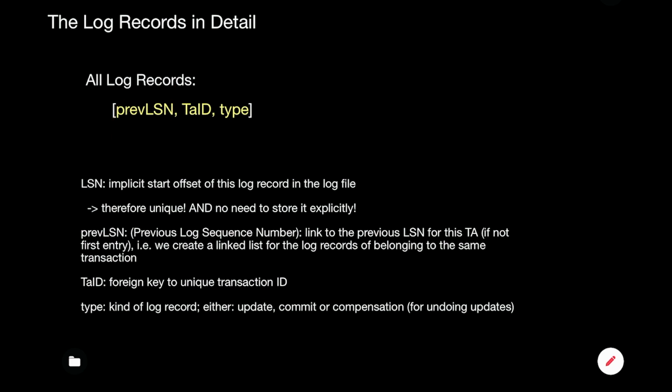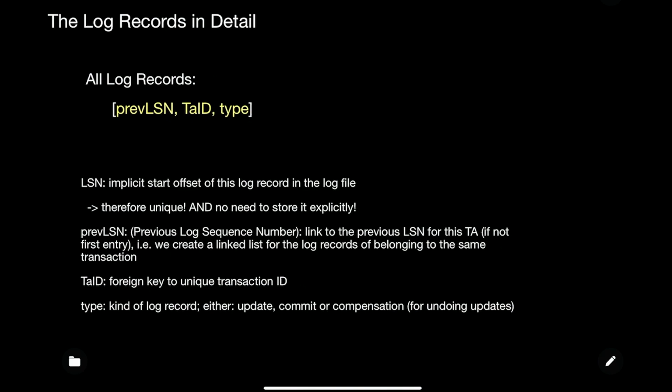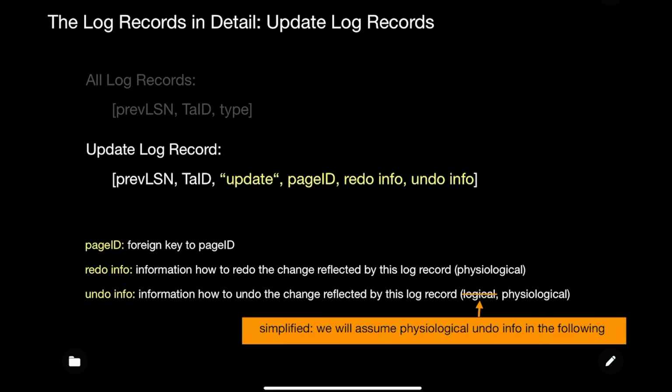So in every log record, you keep the transaction ID, you keep the type of log record, but you also have a backlink to the previous entry of this transaction that was written in the log. That's basically all that's happening here. And that gives you a linked list over all of the log sequence numbers for all of the log entries for one particular transaction. We will see a very detailed example in a moment, then you understand what that means.